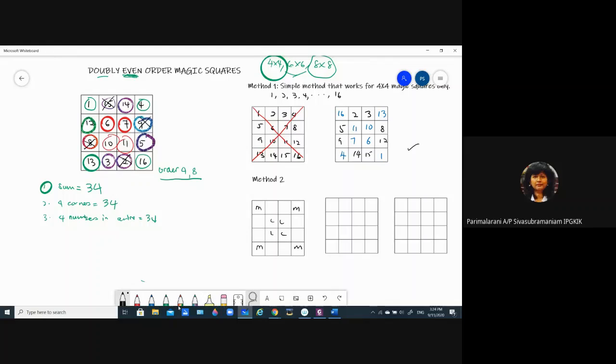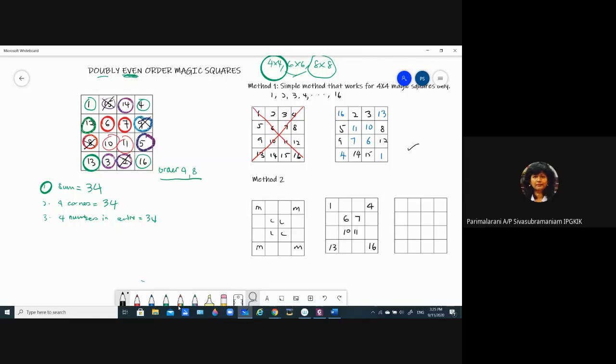That means we're going to count like this. We start here, 1. We only fill the squares that we have marked M and L. 1. The next number is 2, but we are not going to write 2, 3. 4 we write. 5, 6, 7, 8, 9, 10, 11, 12, 13, 14, 15, 16.